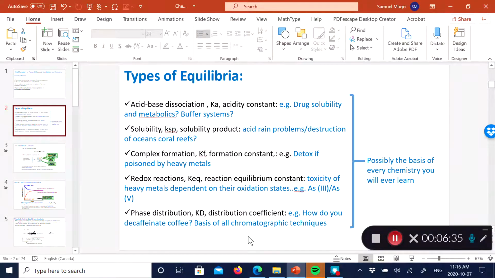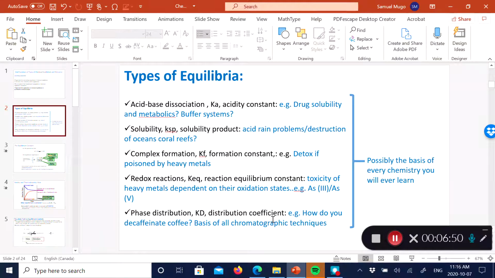And lastly, we got the phase distribution, and maybe a good example of its relevance is how we decaffeinate coffee. How do you remove caffeine from coffee for those people who are not tolerant to caffeine?